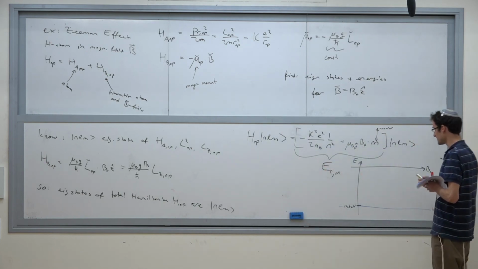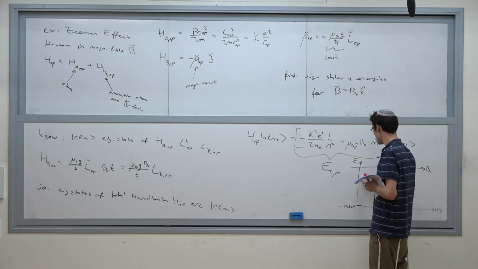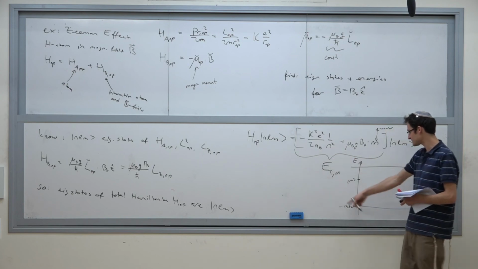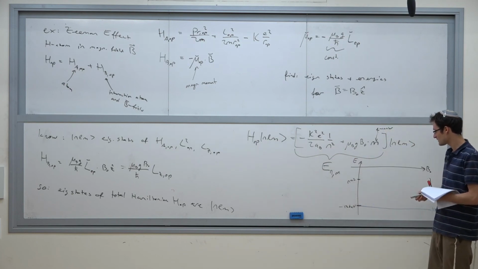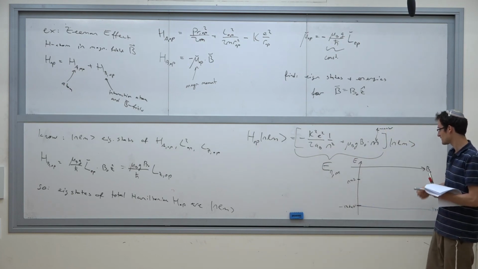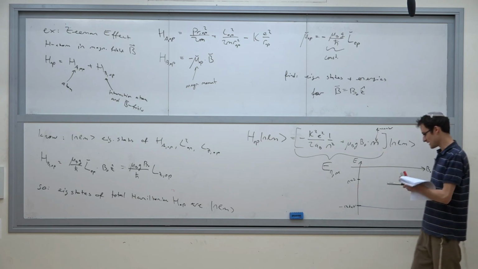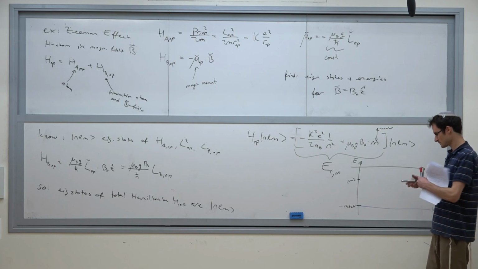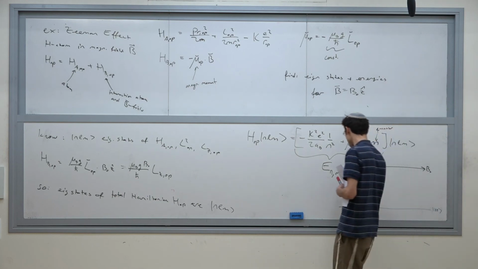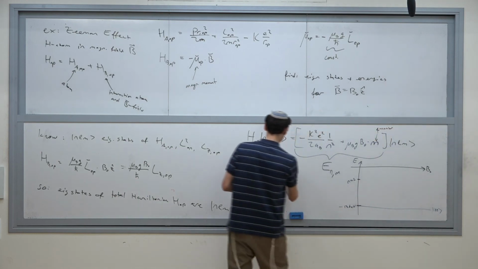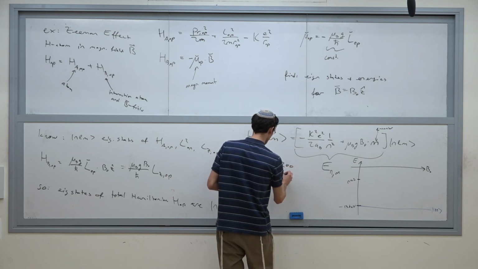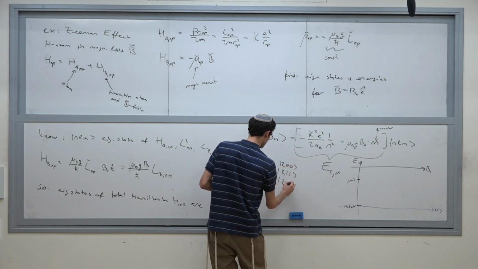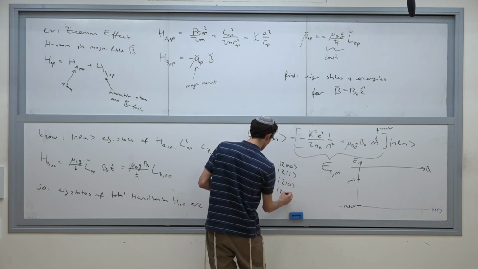Let's see what happens for n equals 2. So you get about minus 3 point something electron volts for the n equals 2 states. So there are 4 states there, right? The states that live here are 200, 211, 210, and 21 minus 1.